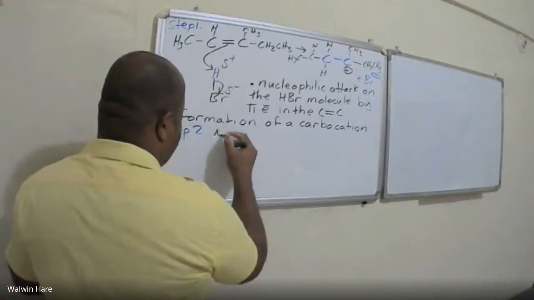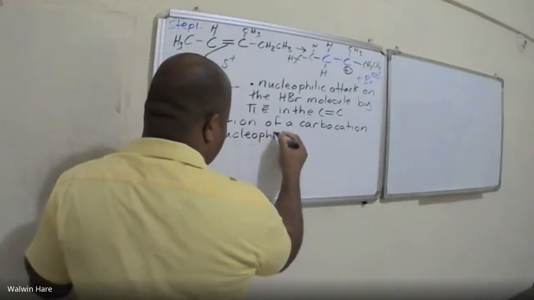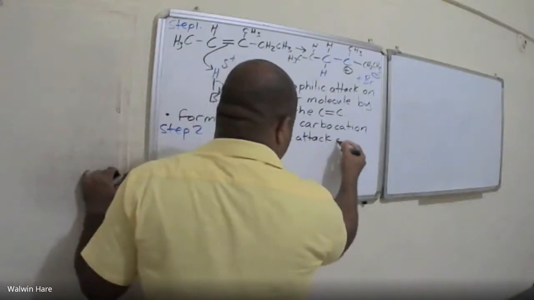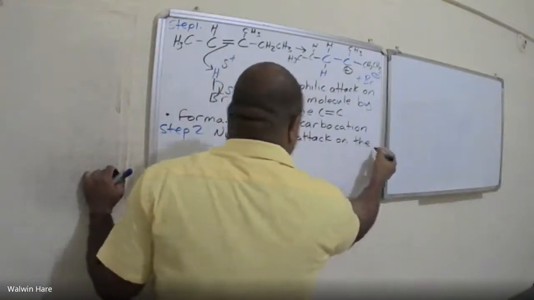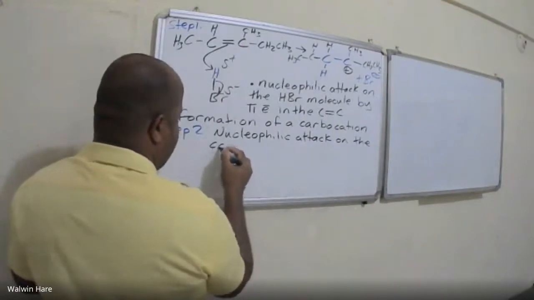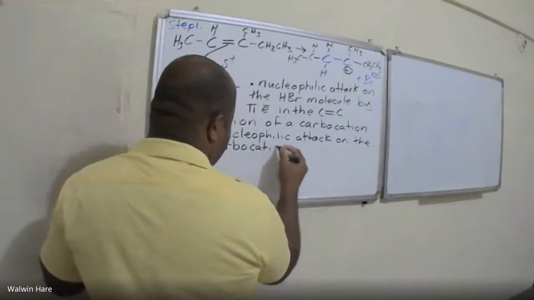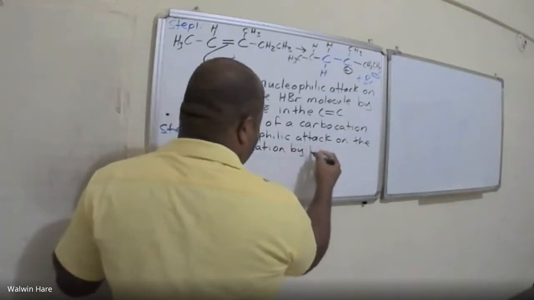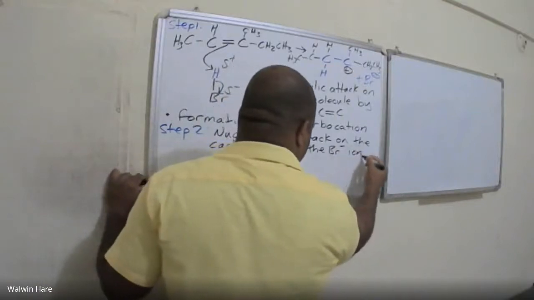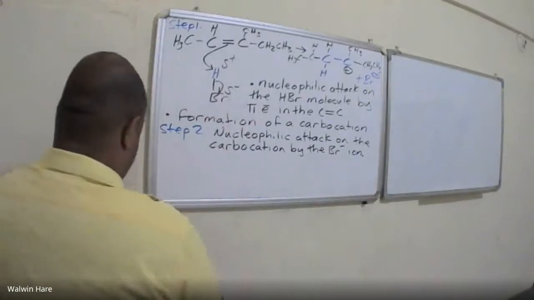Alright, so nucleophilic attack on the carbocation by the bromide ion. Alright, so let's just grab out the carbocation.